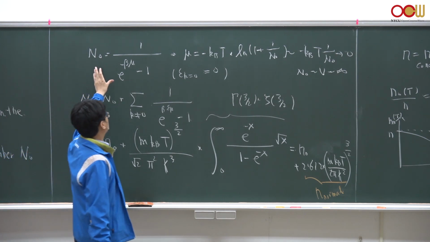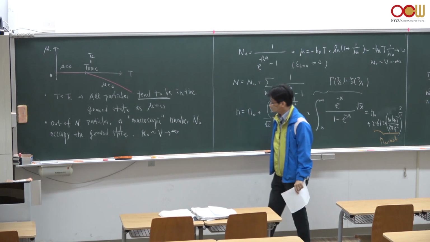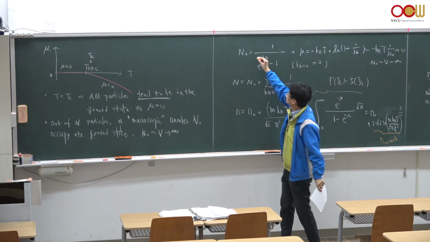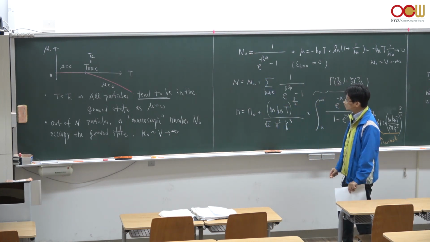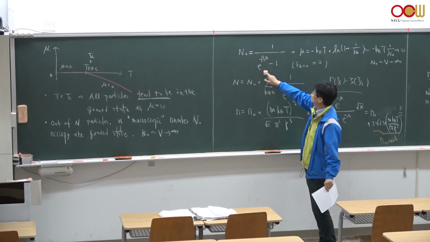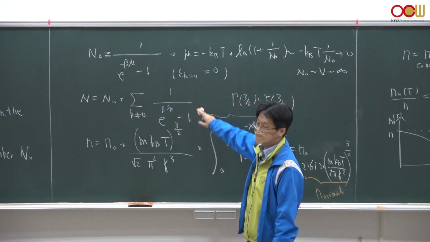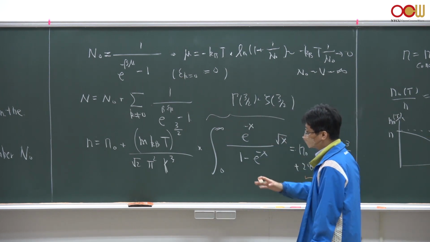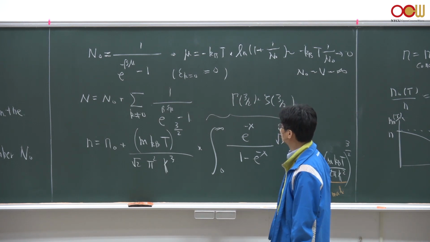And you can see this relation that I stated more rigorously by looking at the number of bosons which occupy the ground state, N0, which is given by 1 over e to the minus beta mu minus 1, because epsilon_k, the kinetic energy, vanishes. At the ground state, for free bosons, the energy is actually 0.